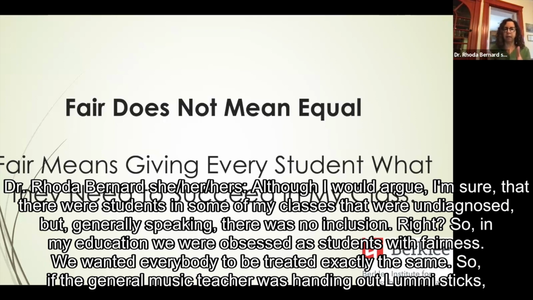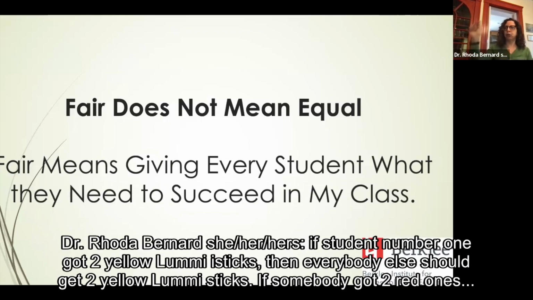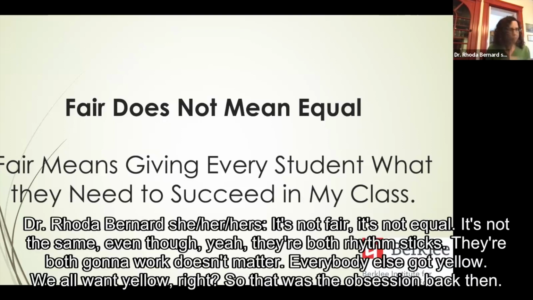We wanted everybody to be treated exactly the same. So if the general music teacher was handing out lummi sticks, if student number 1 got 2 yellow lummi sticks, then everybody else should get 2 yellow lummi sticks. If somebody got 2 red ones, it's not fair. It's not equal. It's not the same. Even though, yeah, they're both rhythm sticks. They're both going to work. Doesn't matter. Everybody else got yellow. We all want yellow, right? So that was the obsession back then.